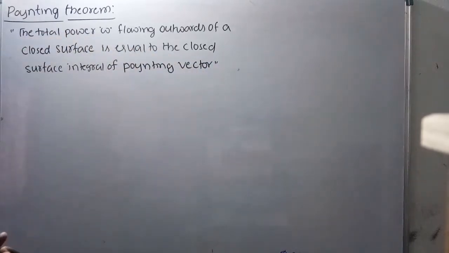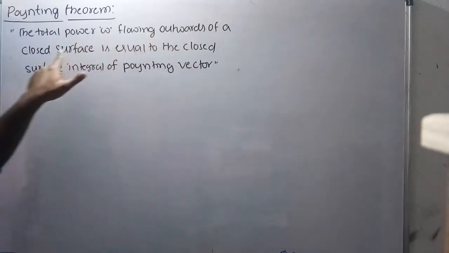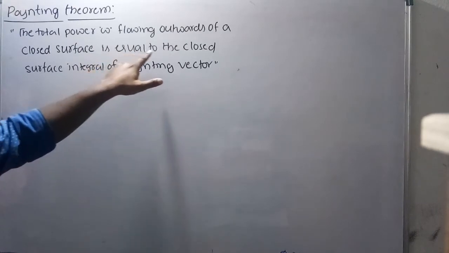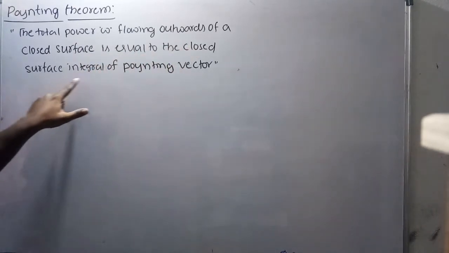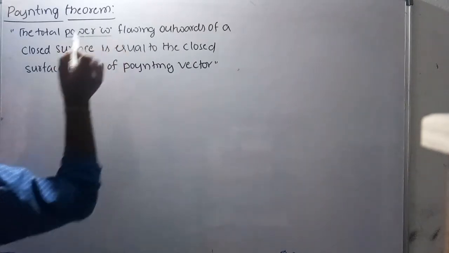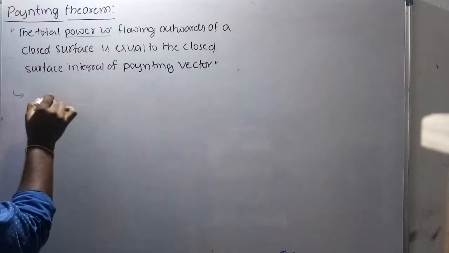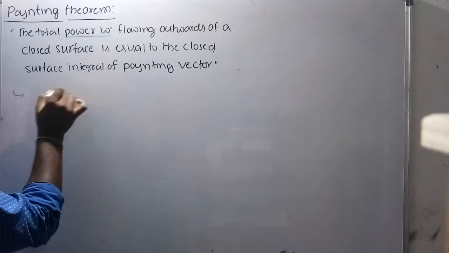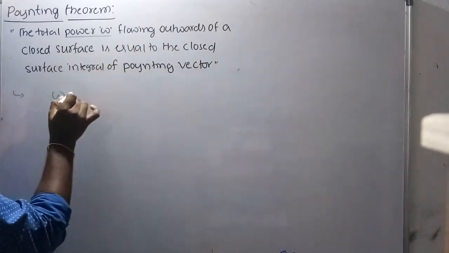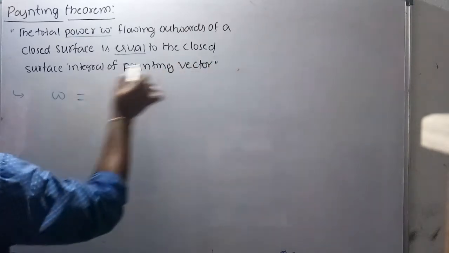See, all of you read the statement once again. The total power W flowing outwards of a closed surface is equal to the closed surface integral of the Poynting vector. So all of you observe the statement once here. This is the total power W. Mathematically it can be written, by observing the statement: total power W flowing outwards of a closed surface is equal to the closed surface integral.